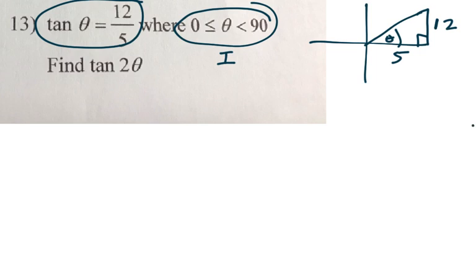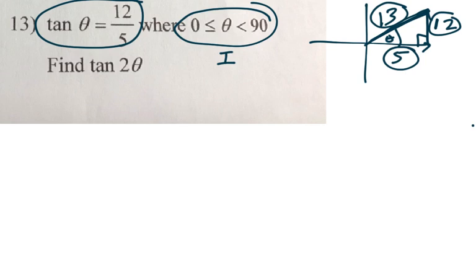And this is the infamous 5, 12, 13 triangle. So we didn't have to do Pythagorean theorem to figure that one out. We should all know the 5, 12, 13 triangle. Okay, so now that we know all the sides, 5 will be positive because we're going right. 12 will be positive because we're going up. 13 will always be positive because it's the hypotenuse, which is a distance.